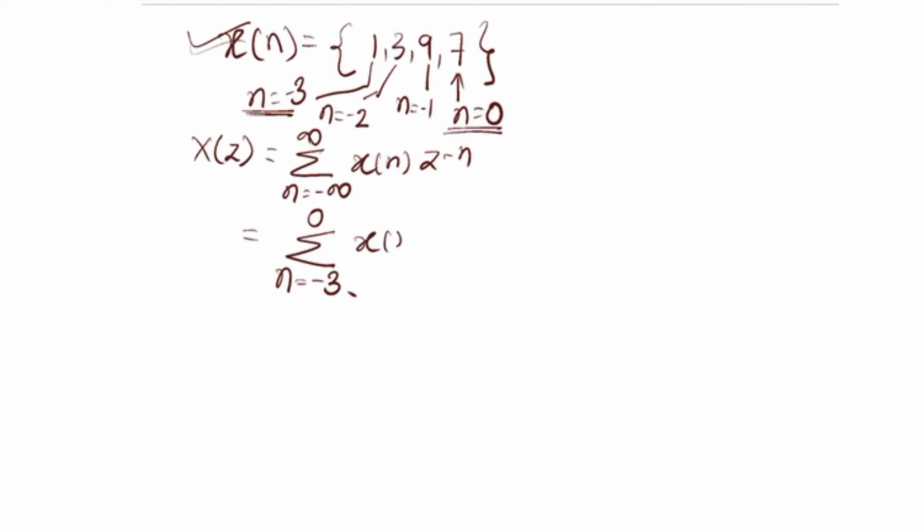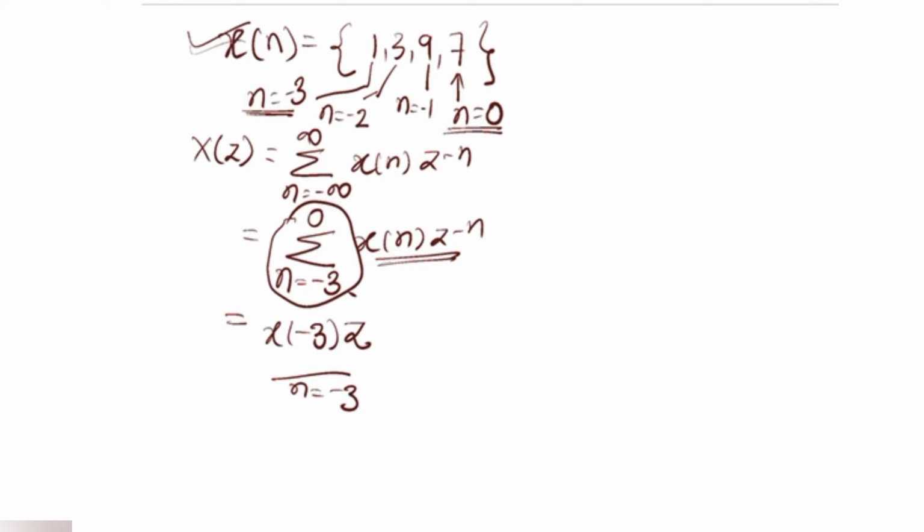The rest part is x[n] z to the power minus n. In the next step, we will expand this summation for n equals minus 3. We will get these terms as x[-3] z to the power minus minus 3. Z to the power minus minus 3 will give us z cube.